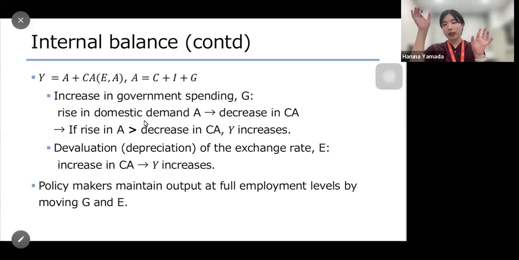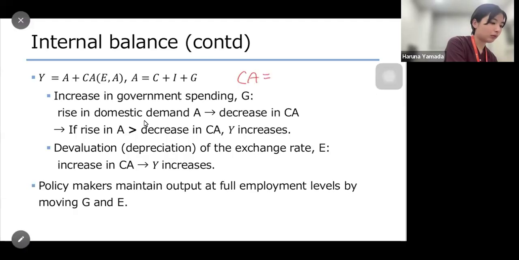Given the national income, when absorption increases, the current account decreases. If A increases, then CA decreases. Therefore, if the government spending G increases, then the current account decreases.